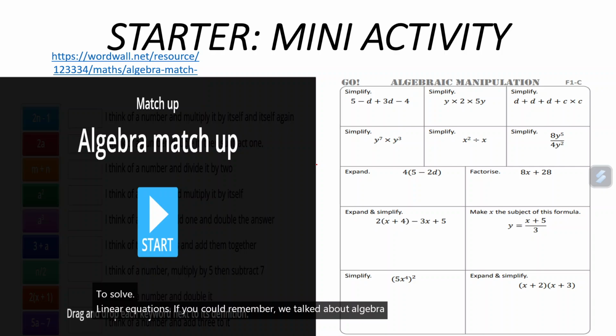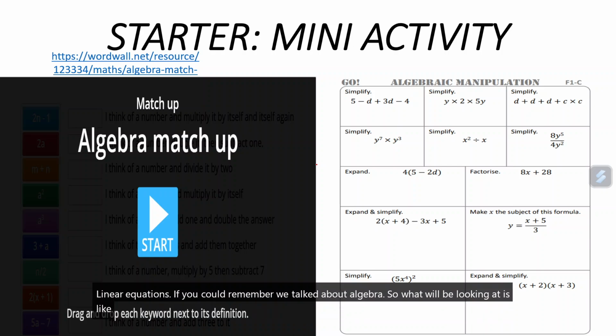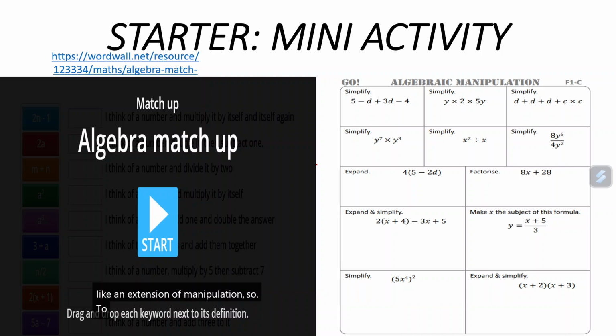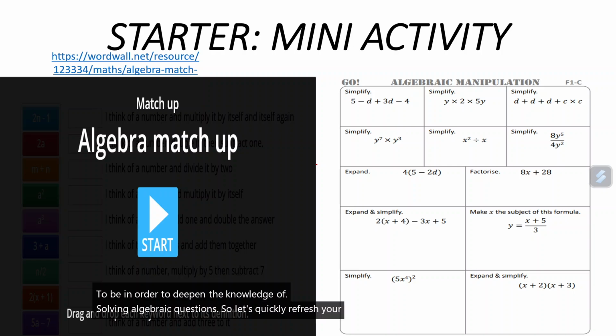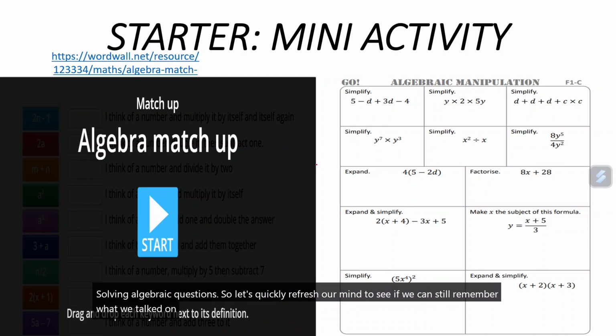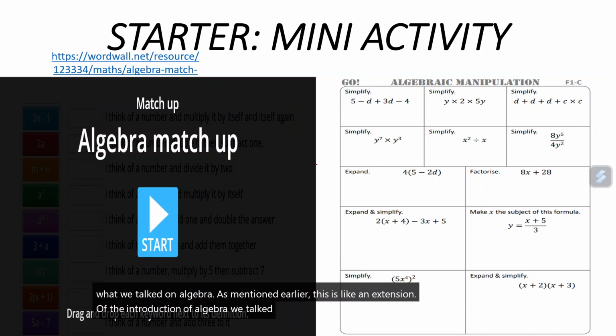What we'll be looking at is an extension of algebraic manipulation, in order to deepen the knowledge of solving algebra equations. So let's quickly refresh our minds to see if we can still remember what we talked about on algebra, the introduction we had some days ago.